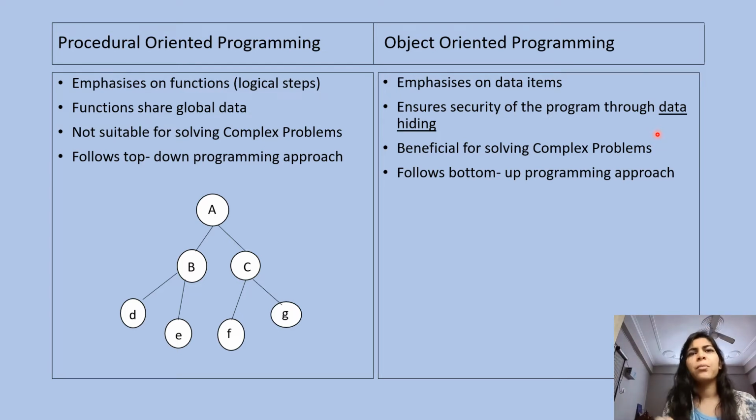So you just enter math.sqrt and in parentheses say you want the square root of 4. So you'll get the answer as 2. But you do not know the logic behind finding the square root of a number. That is there in the backend, but you do not know it. This is because of data hiding, right? We'll study this further today only.